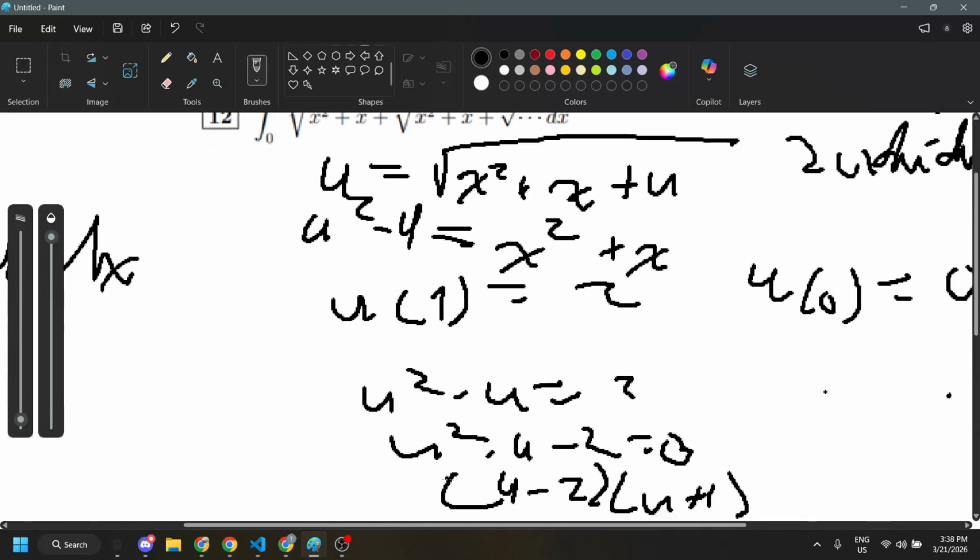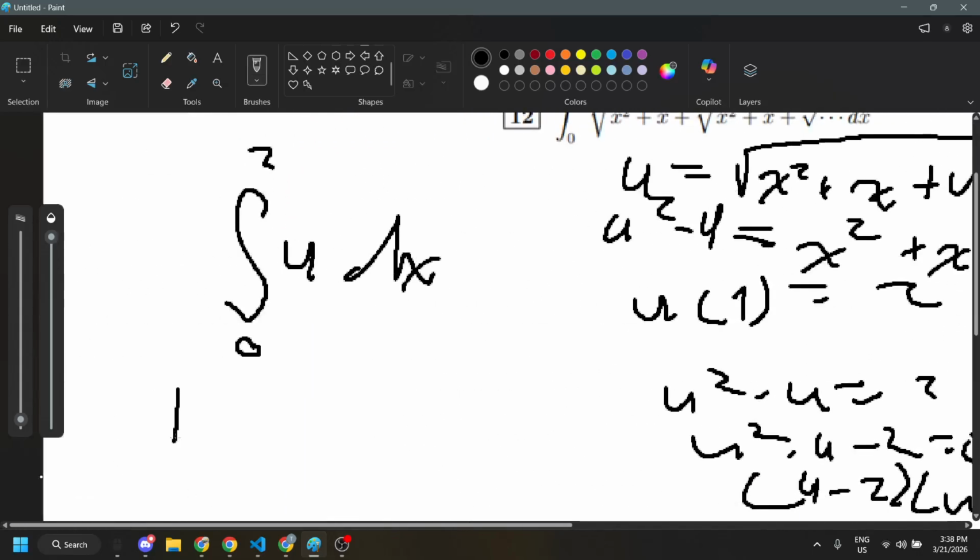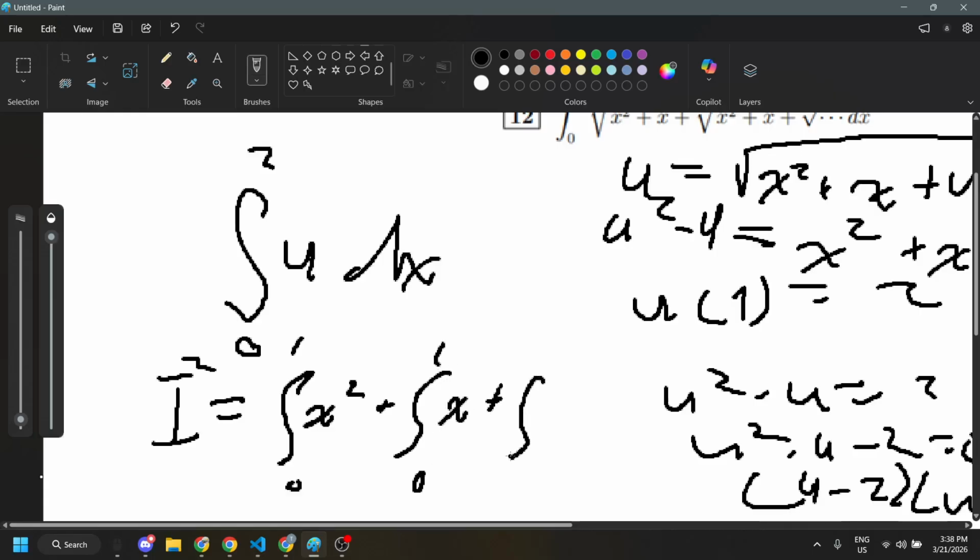Well, we see this integral here. Let's call this integral here I. I is going to be equal to the integral from 0 to 1 of this, so I squared is going to be equal to the integral from 0 to 1 of x squared plus the integral from 0 to 1 of x plus the integral of u.